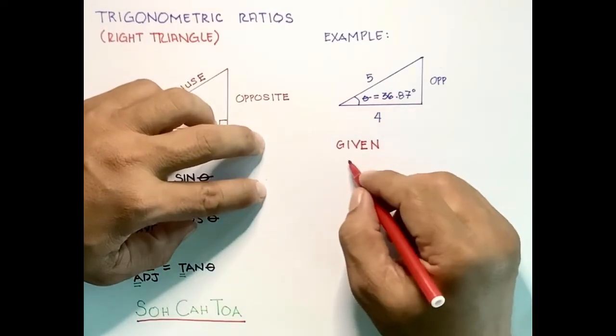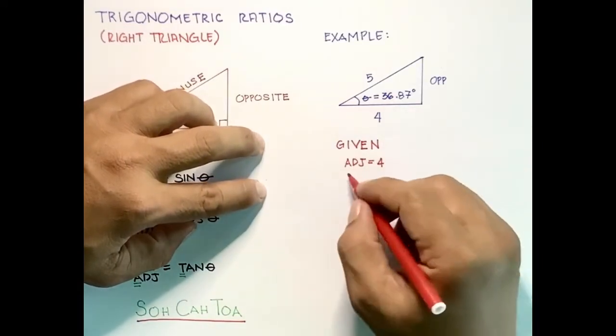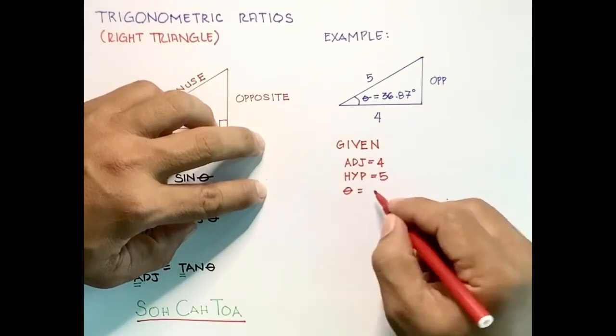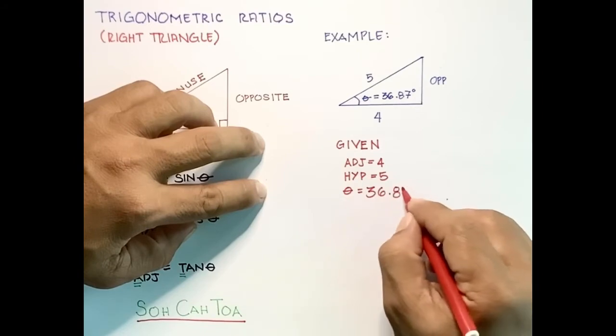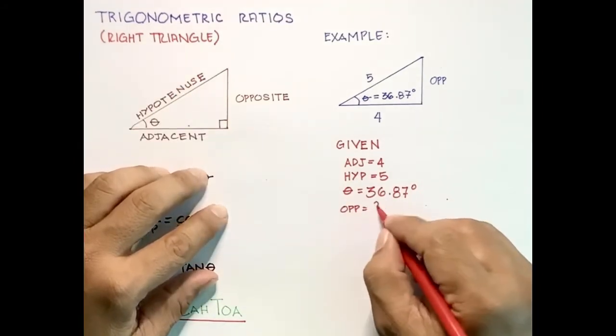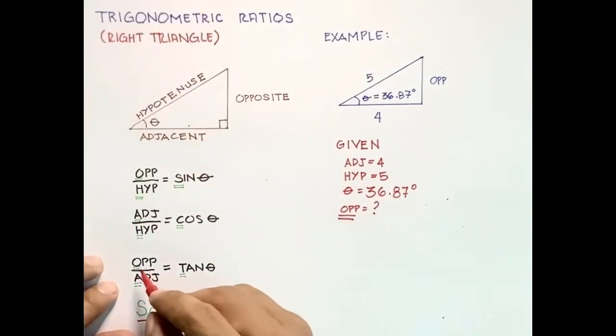So first we will write the given. So these are the given. Now we have the adjacent, which is 4, and the hypotenuse, which is 5. And here the theta is 36.87 degrees. So the opposite is the one that we will be looking for.